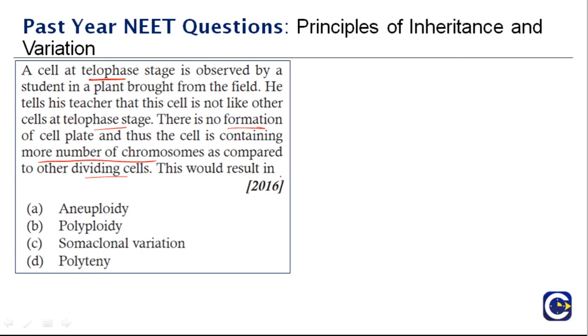Would this result in aneuploidy, polyploidy, somaclonal variation, or polyteny? What the student observed is no formation of cell plate and more number of chromosomes. What is the condition when more number of chromosomes are present? It is polyploidy.